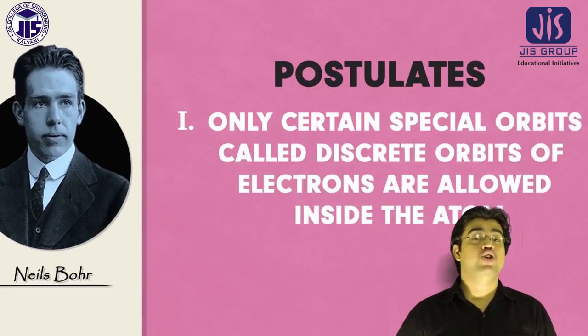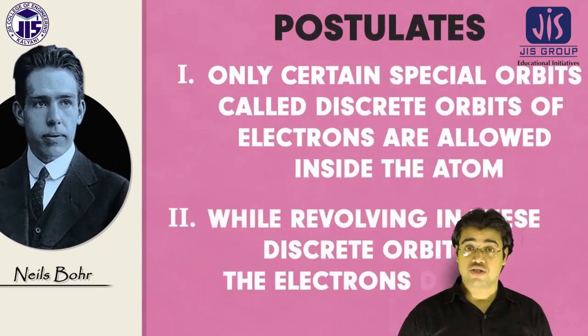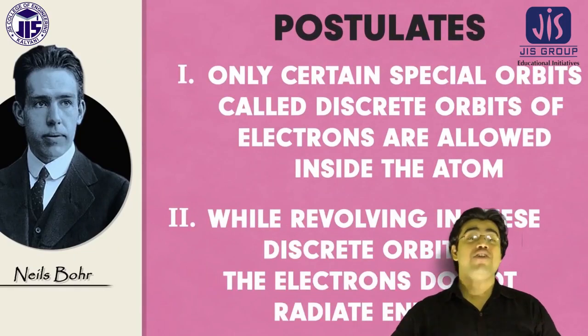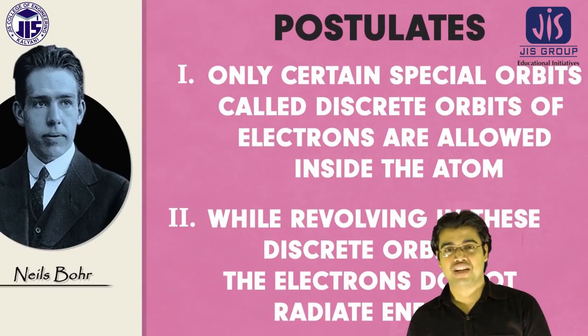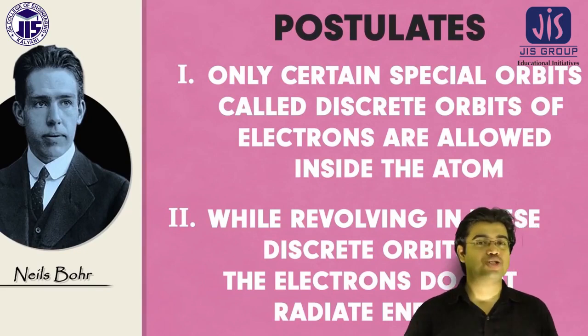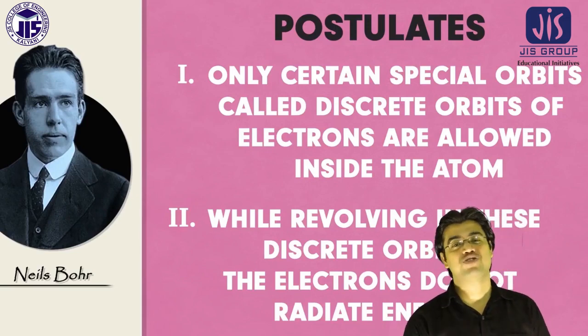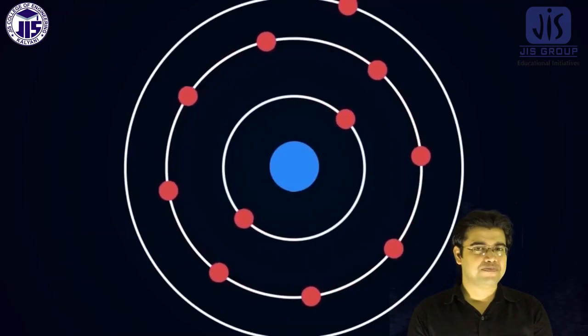That means there is no question of decreasing the outward force, that is, the centrifugal force. So the centrifugal force will remain the same as the inward Coulombic attraction force. No question of the electron falling into the nucleus, so the atom remains stable.